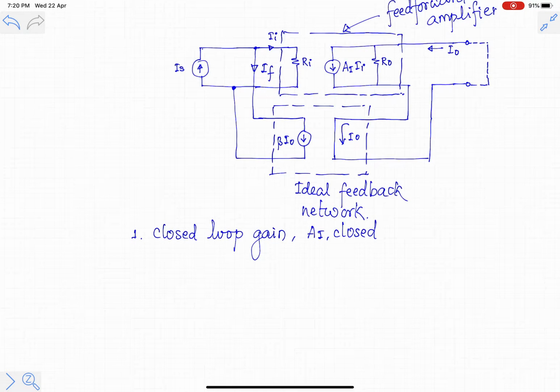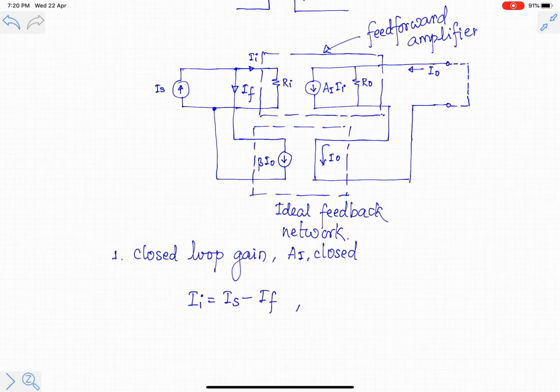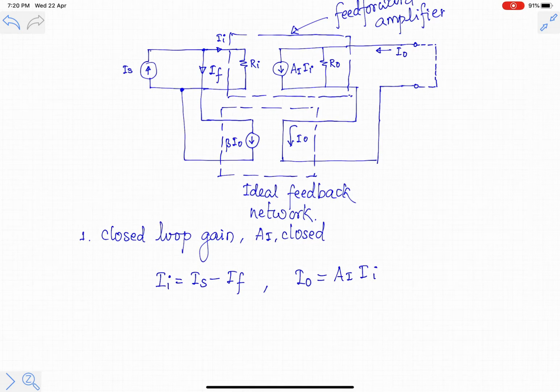So we can see that in this case II is equal to IS minus IF. It is very clear from the diagram. And IO is equal to AI into II, and II is equal to IS minus IF.